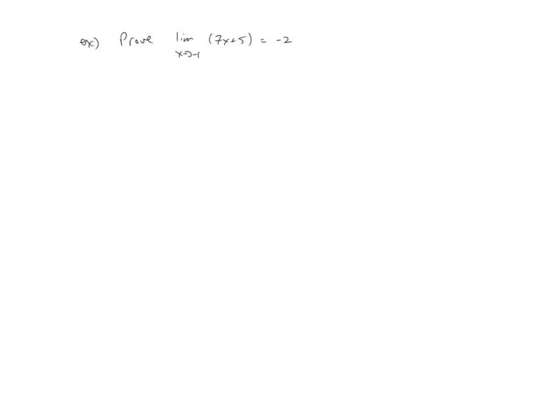So there's going to be two steps in this actual process, one of which will be the proof itself. For step 1, our first job is to find delta. Now, to find delta, we're actually going to start off with the idea that the absolute value of f of x minus L has to be less than epsilon.